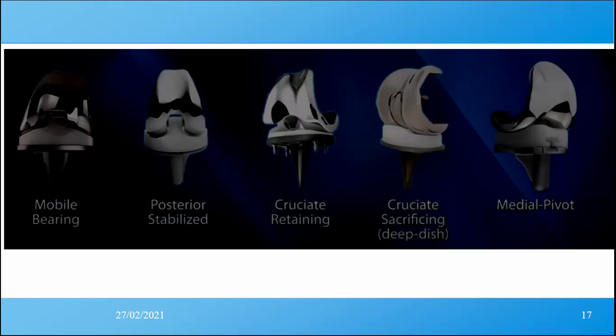They have a raised lip on the anterior side, substituting the ACL, and a raised edge on the posterior aspect as well, which substitutes the PCL. So the knee is more stable with the medial pivot joint, with more range of motion, as we mentioned.